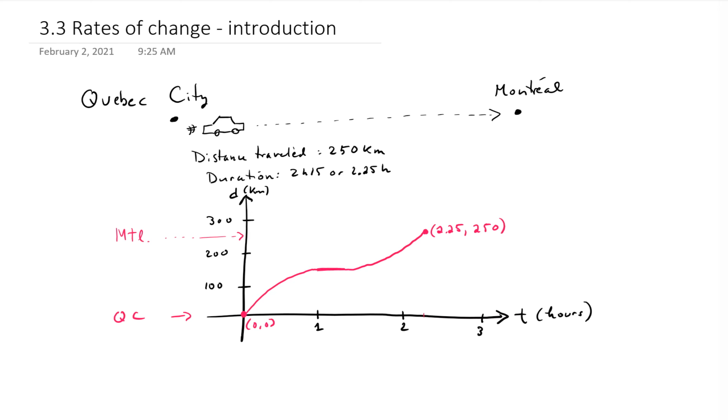Obviously, there are other curves. You could travel at a constant speed, which would look like this. Or you could start really slowly, like this, and then go real fast in the end. Okay, so all these trajectories are possible.